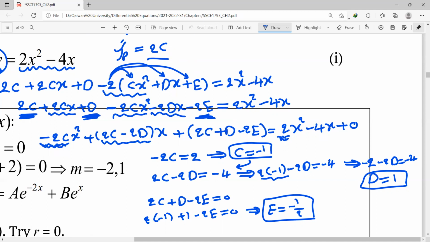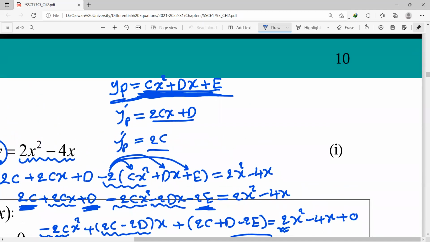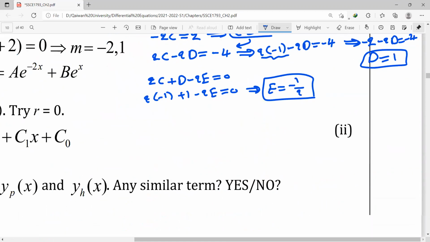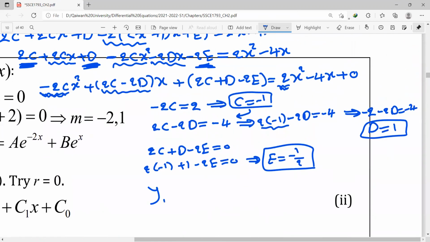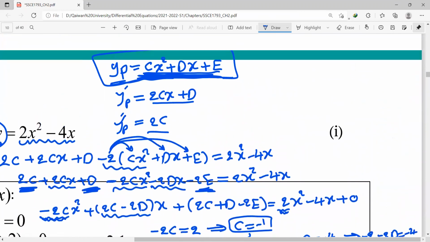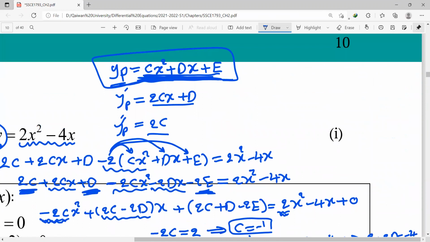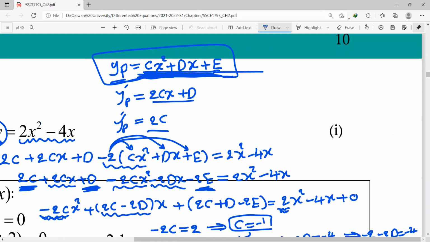So what's yp? We just return these values to yp, and that's all. Look, yp here, we said that's it. We just replace the values of c, d, and e here, and that will be yp. We say yp equals cx squared plus dx plus e.